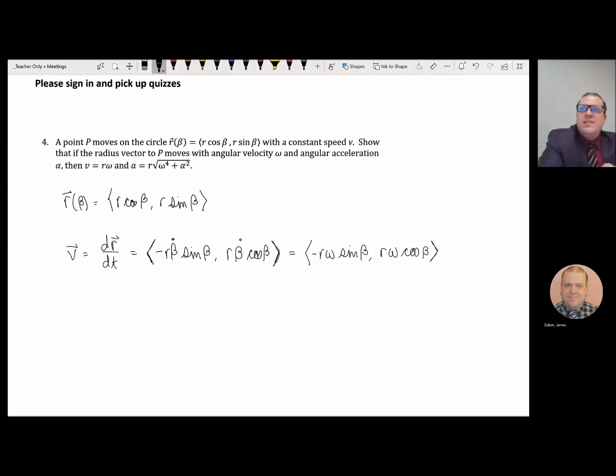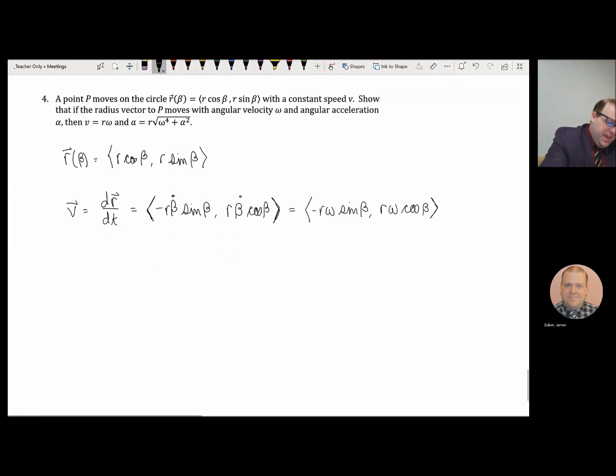So there is our velocity vector, which makes our linear speed, right, the magnitude of the velocity vector.